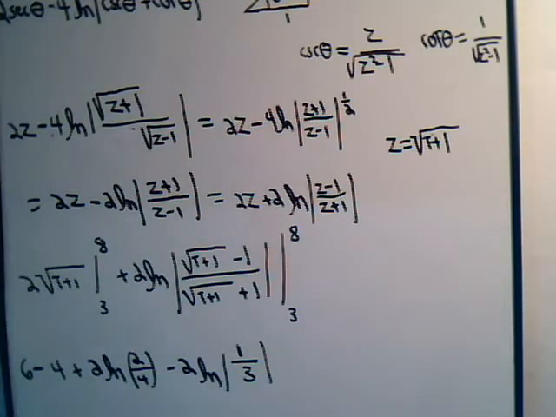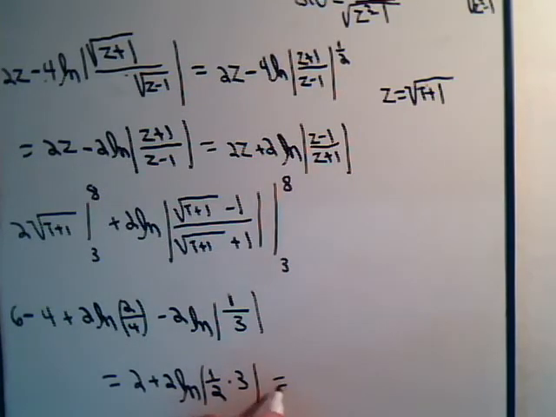Before we go further, let's check ourselves. When t is 8, this is 9. The square root of 9 is 3 minus 1 is 2. 3 plus 1 is 4. Minus now when t is evaluated at 3. This will be the square root of 4, which is 2 minus 1 is 1. 2 plus 1 is 3. So this will equal 6 minus 4 is 2, and we can write this as a division here, plus 2 times the natural log of 1/2 divided by 1/3, or that would be times 3.